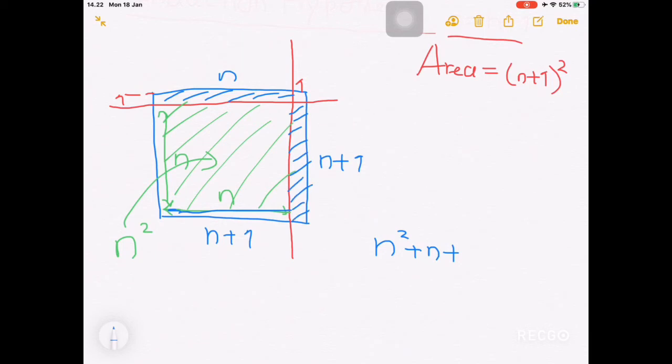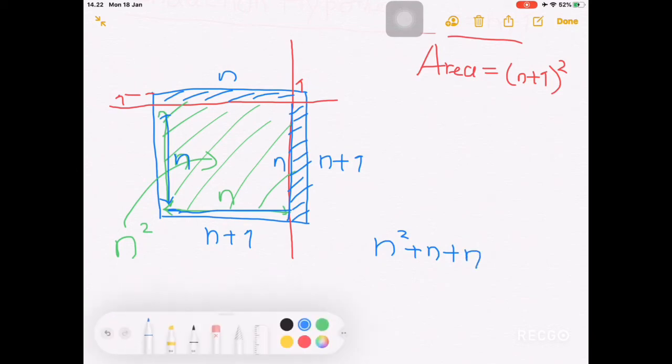Given that this side is n and we have a width of 1, the area is n. And finally we have this small bit right here. We have a length of 1 and a width of 1, so it's 1 times 1, which is just 1.